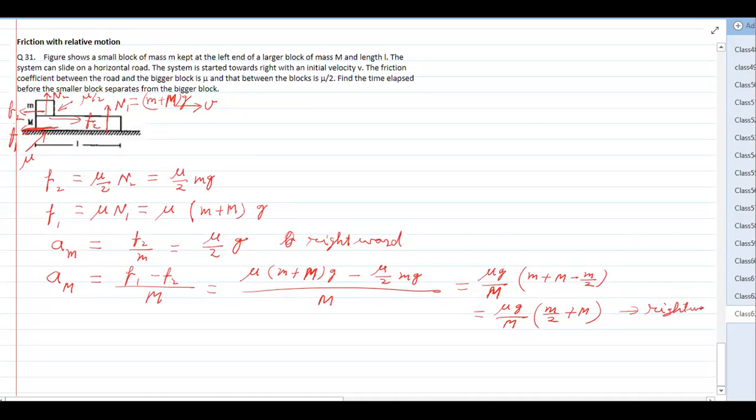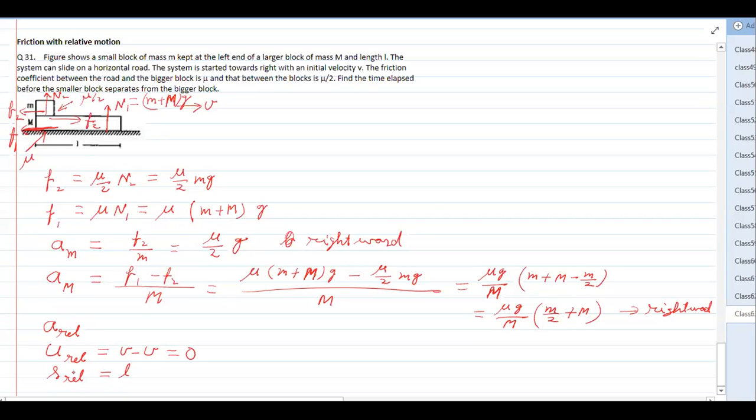Now we will see relative motion. Relative acceleration of capital M with respect to m; we will just write the magnitude. Since both are moving with velocity v, the initial relative velocity is 0, and S relative will be equal to L, because as the object moves a distance L, it will separate.